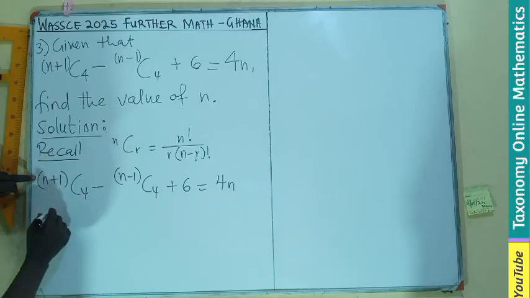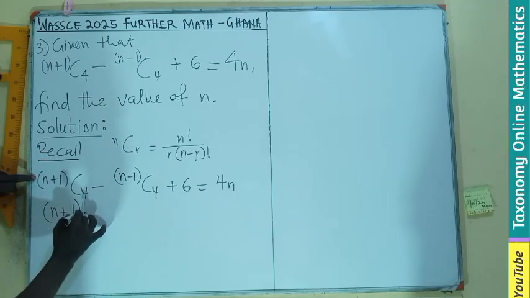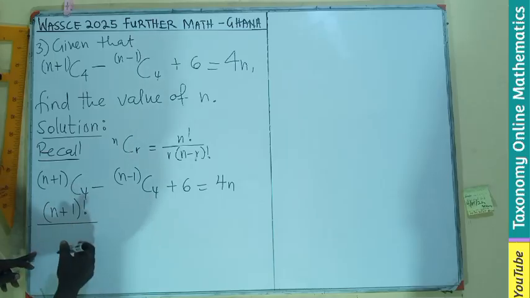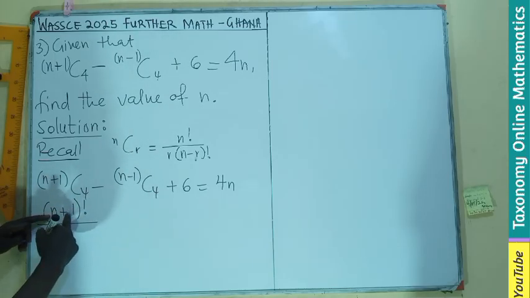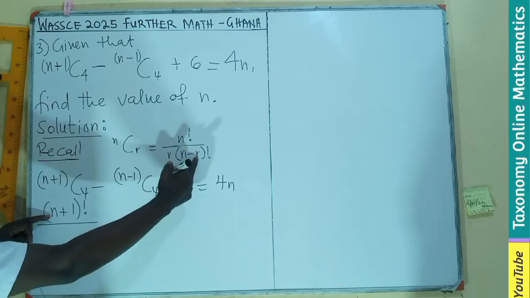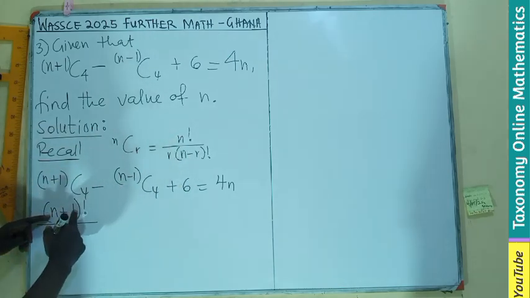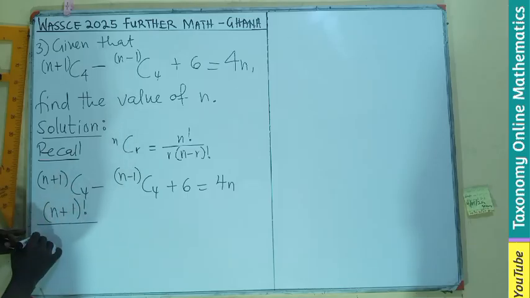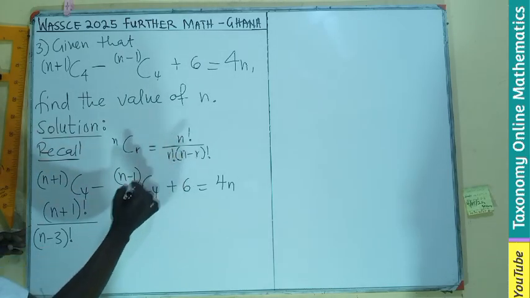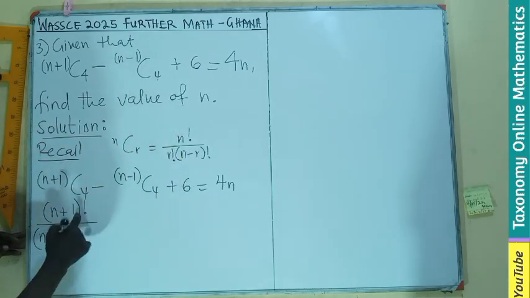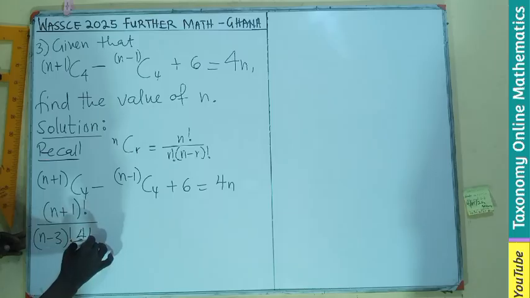Let's keep the first one: (n+1) factorial divided by (n+1 minus 4), which is (n−3) factorial, then r, which is 4 factorial.